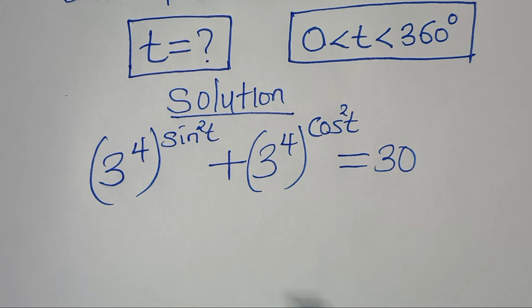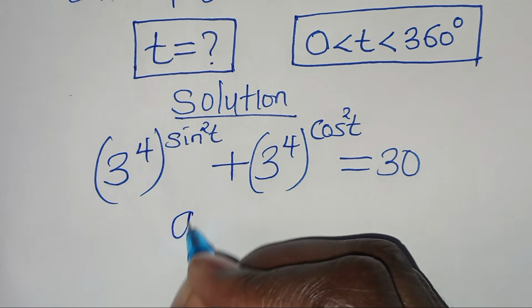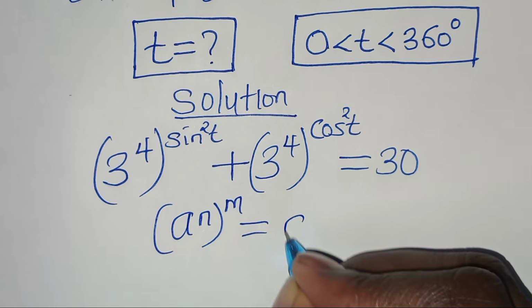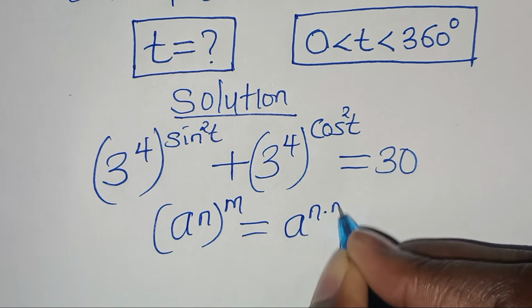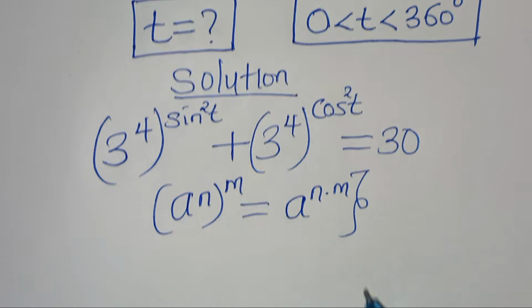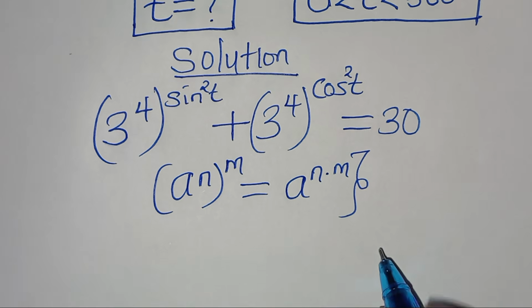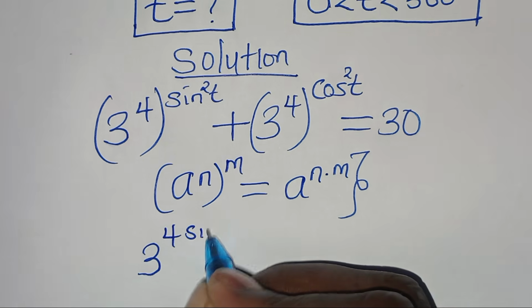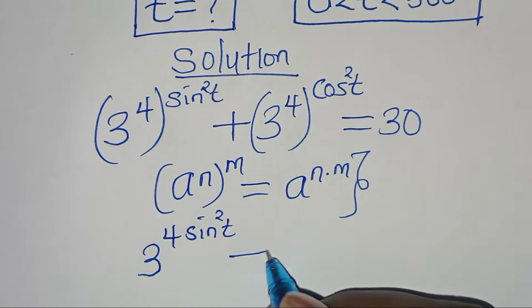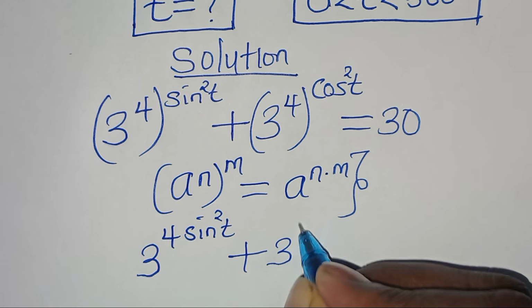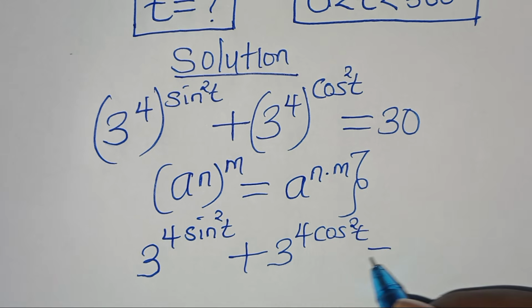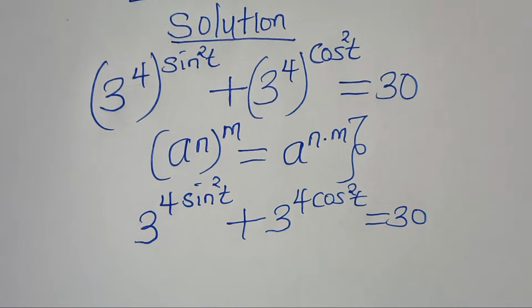The next step is that this is in the form of a to the power of n raised to the power of m, which we can express as a to the power of n times m. Applying this exponent property, we have 3 to the power of 4 sine squared t plus 3 to the power of 4 cos squared t, equal to 30.